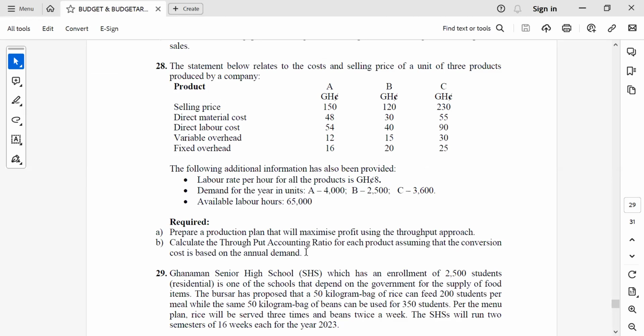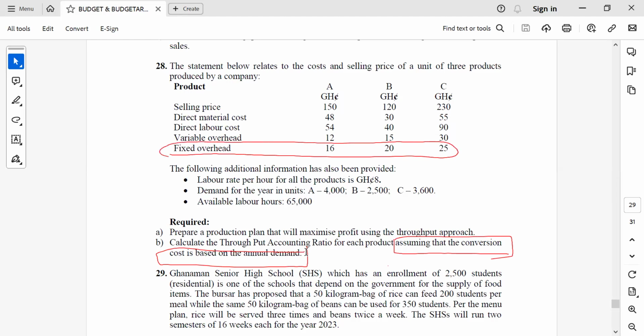If this particular statement is not there, the only cost that you are going to calculate based on the annual demand is the fixed cost, because fixed cost does not vary with the output level. No matter the output level, it will still be the same, provided the production is within the range of production for that particular fixed cost.